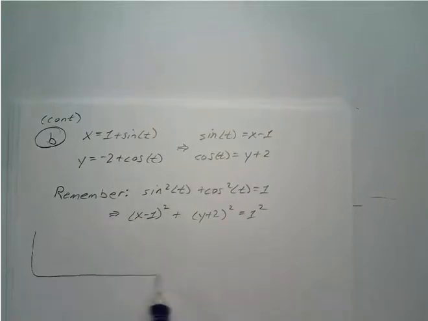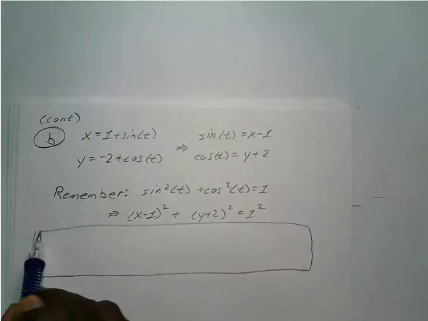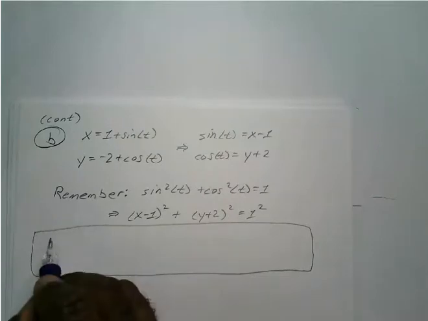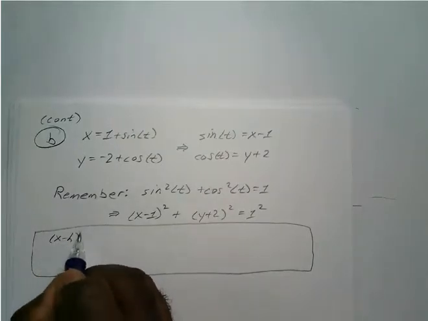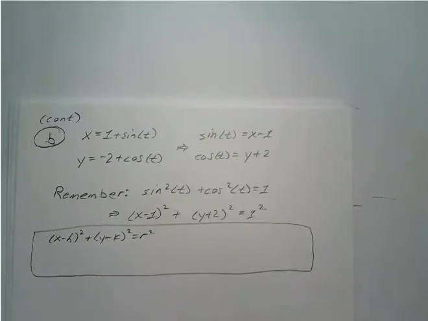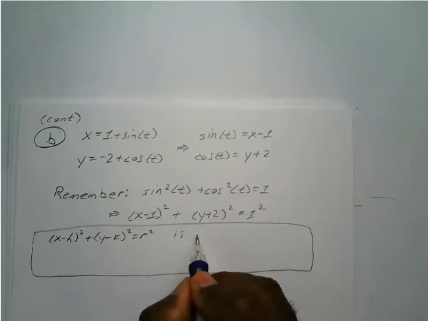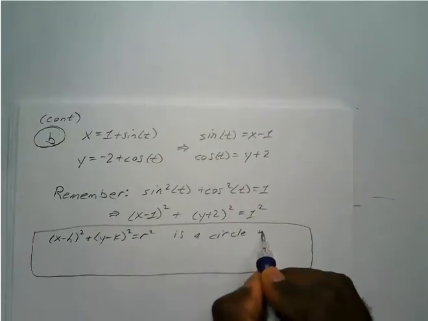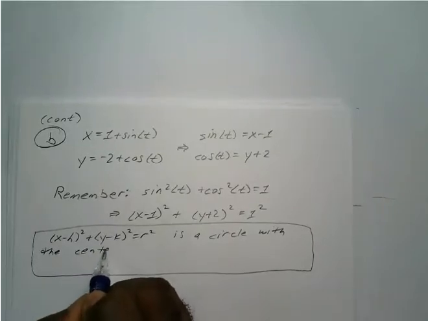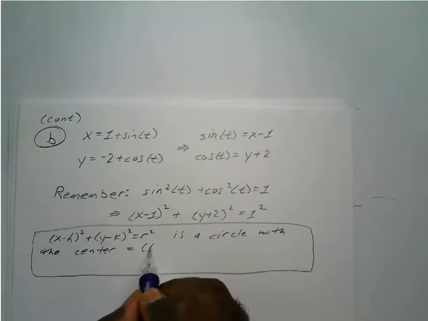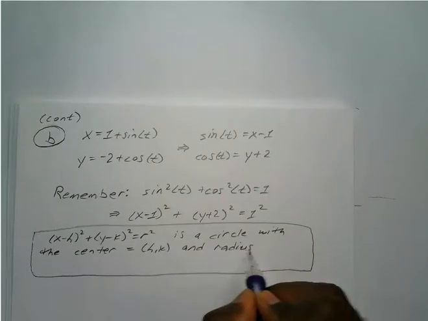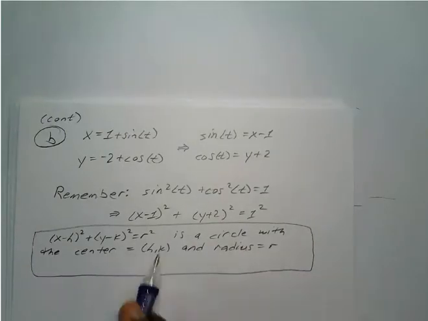Okay, so going back, now this you probably remember from your pre-calc or intermediate algebra. It's (x minus h) squared plus (y minus k) squared equals your radius squared, the equation of a circle. Okay, so that is a circle with the center equal to (h, k) and radius equal to whatever the r is.